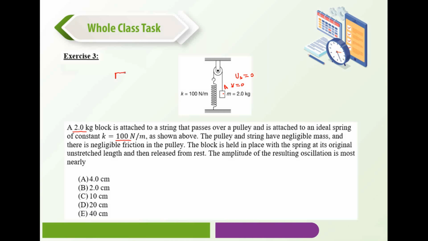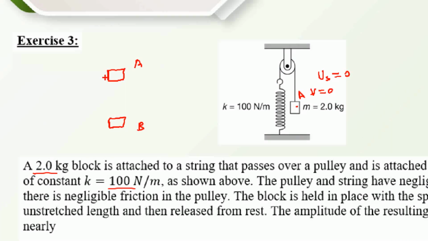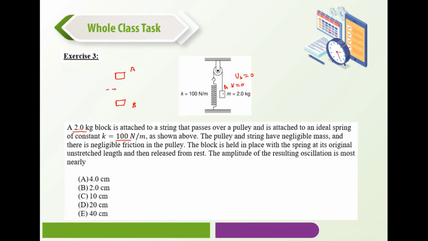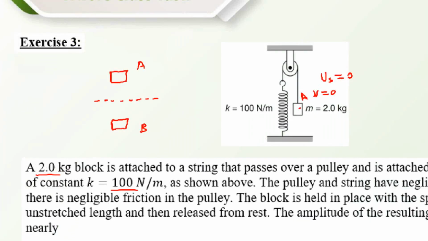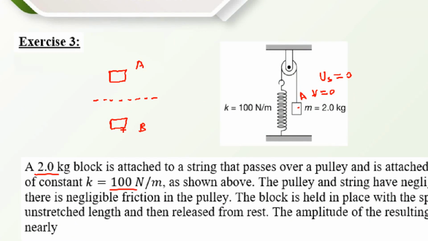So this is the block. Now after we release the block, we expect that the block will fall a certain distance. So this is the point A and this is the point B, and if we assume that there is no friction, the block will oscillate between points A and B. Now the equilibrium position would be half the distance from the point A to the point B. Then if we're able to determine the distance from A to B, the amplitude of oscillations will be half of that distance.